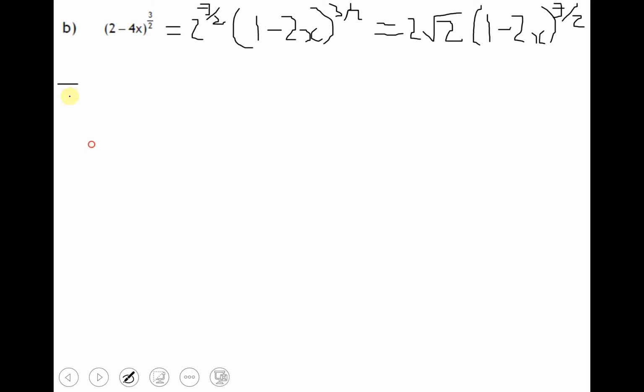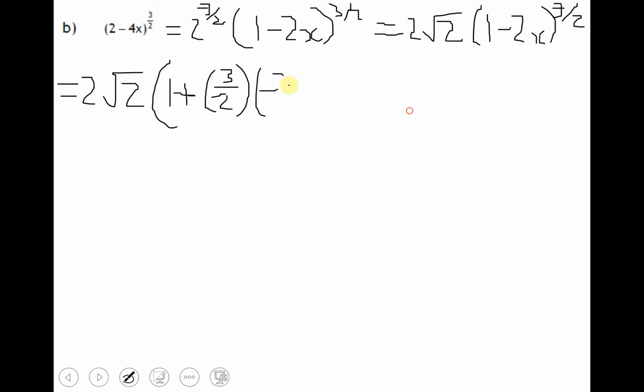So again, we leave our 2 root 2 on the front, and then we use our usual binomial expansion formula. So 1 plus nx, in this case our n is the 3 over 2, and our x is the minus 2x.